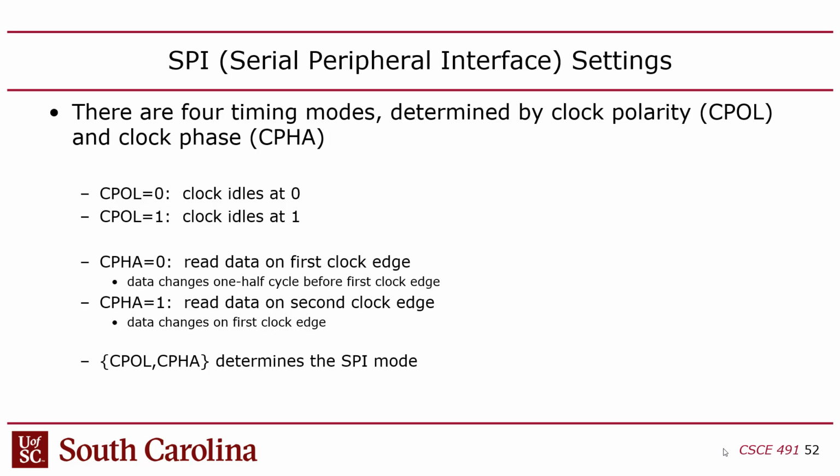So when I send data on SPI, I change my data bit on one edge, and the receiving side reads it on the other edge. Why is that? Well, that's designed to avoid the case where I change the data and the guy is reading the data at the same time, because then you're reading data that's sort of in a state of transition, right? You don't want that, right?